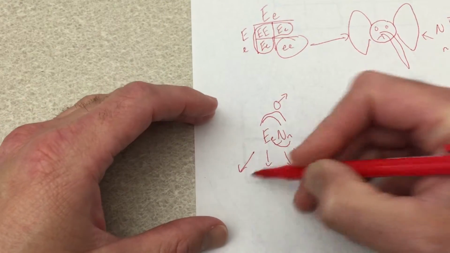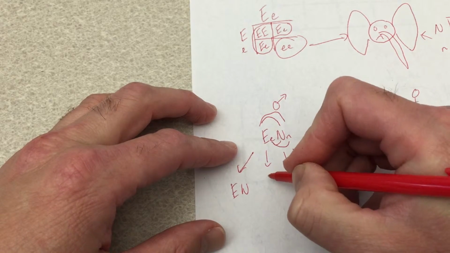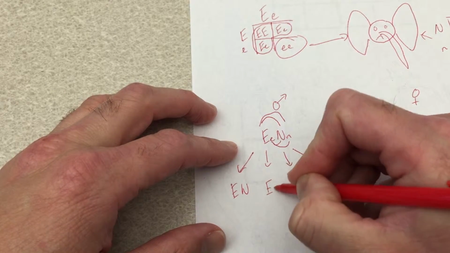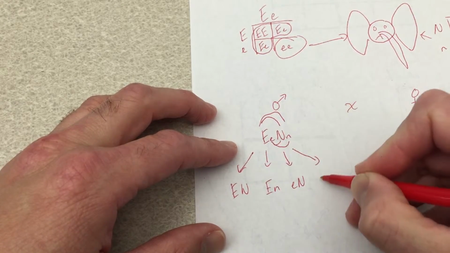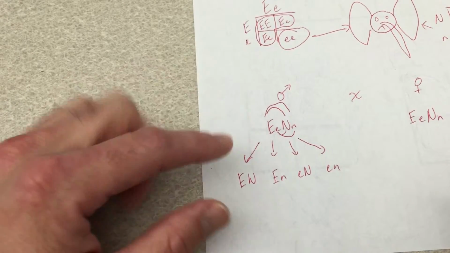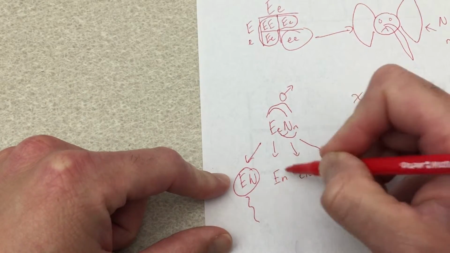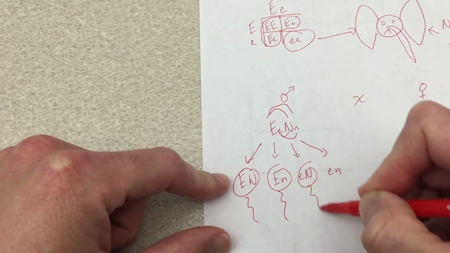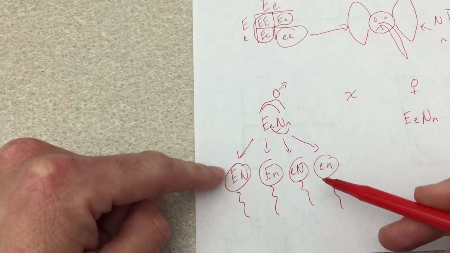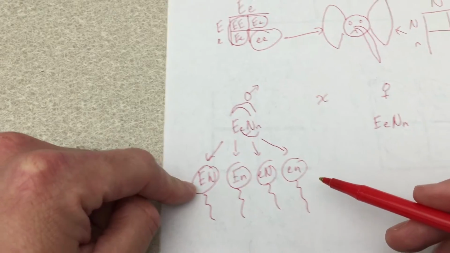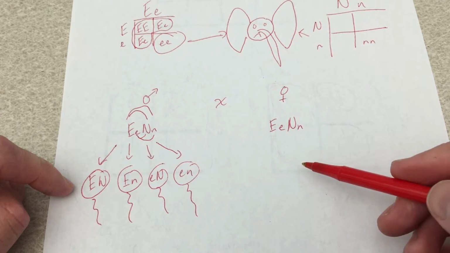So big E, big N; big E, little n; little e, big N; and little e, little n. Those are all the possible combinations of these alleles that brother-husband can make when he is undergoing meiosis and making haploid sperm cells. What about sister-wife? Same darn thing, right?